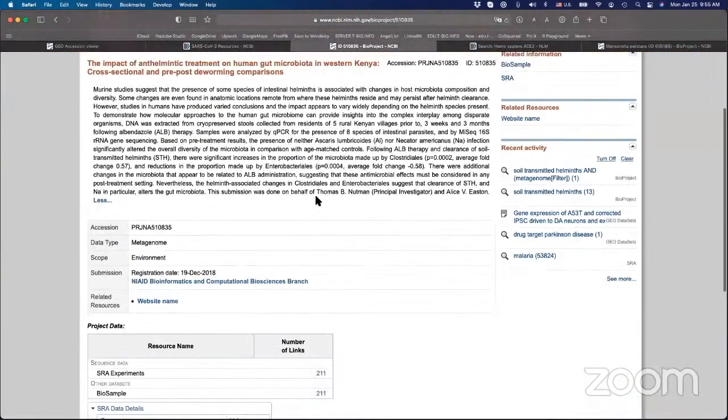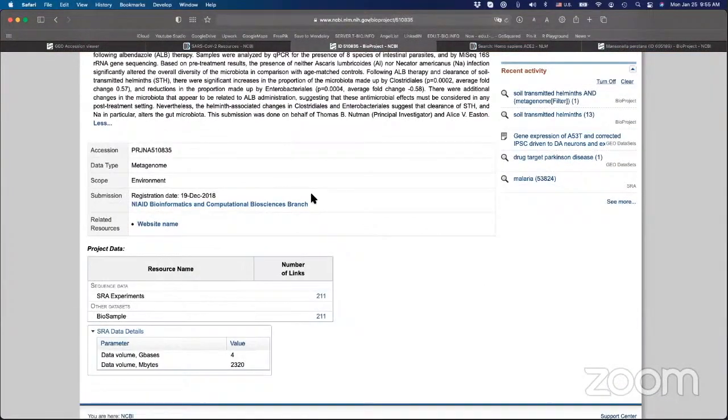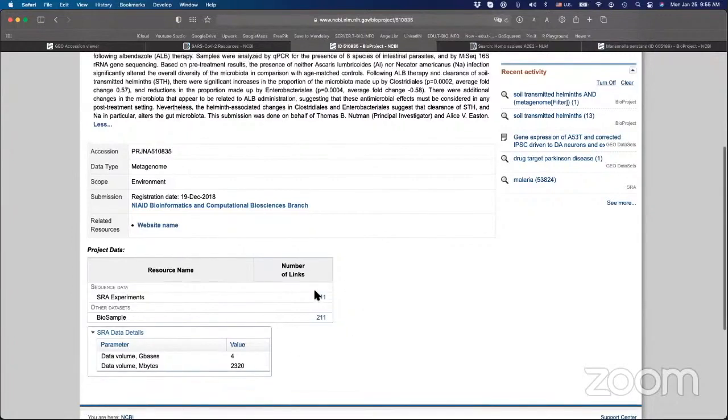Okay, so the other example that I briefly wanted to show you is this one. The second problem that we will take a look at today is working with large numbers of data sets. So again, you can see there are 211 samples.